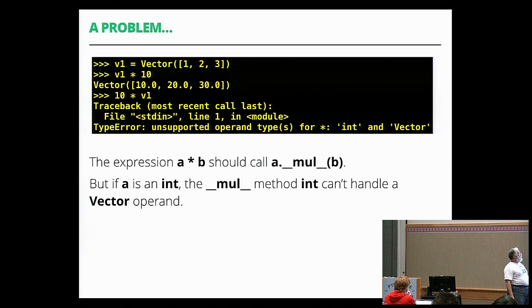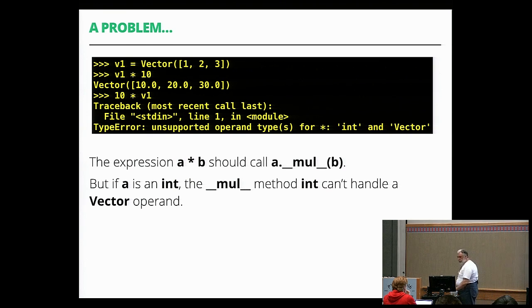Does that make sense? Yes, because 10 is an int. So Python is going to call the dunder-mul method in int. But that was created 20 years ago, so it doesn't know anything about vectors that we just invented. So it doesn't work. But it should work. So how do we make it work?